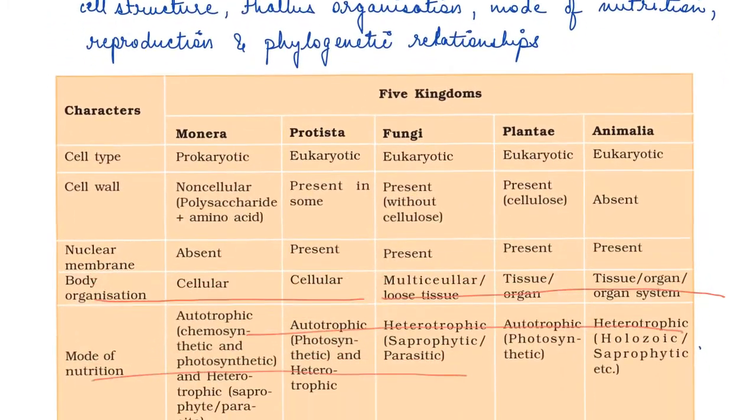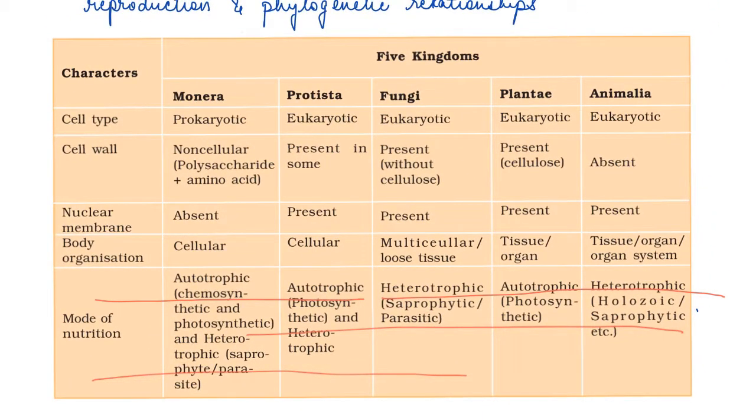Okay, so let's see this chart given in the NCERT chapter. So what does it say? It says a lot about different kinds of structure or organization of these organisms, which are divided into 5 groups. What are these characters? These characters are cell type.